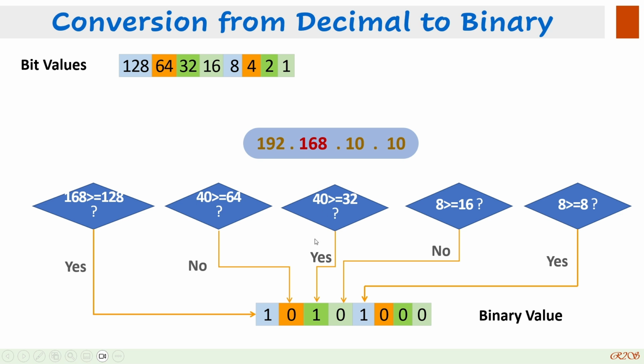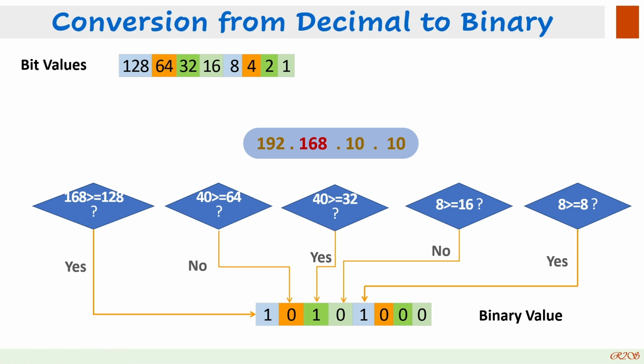So that means the binary value of the decimal 168 is 10101000. So you can convert a decimal value to binary with this simple process.